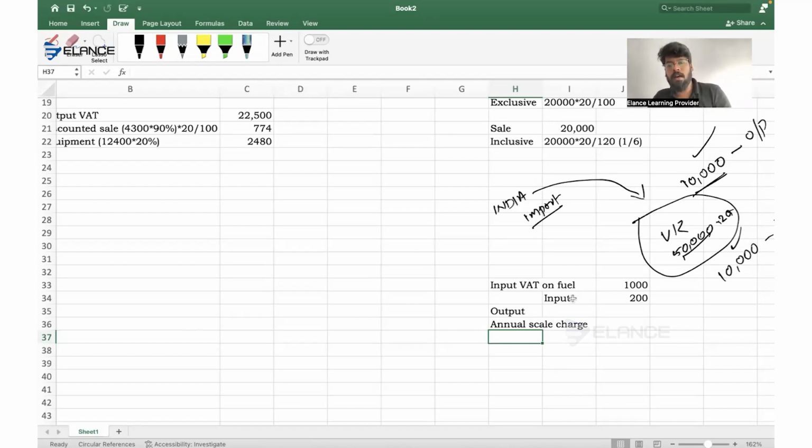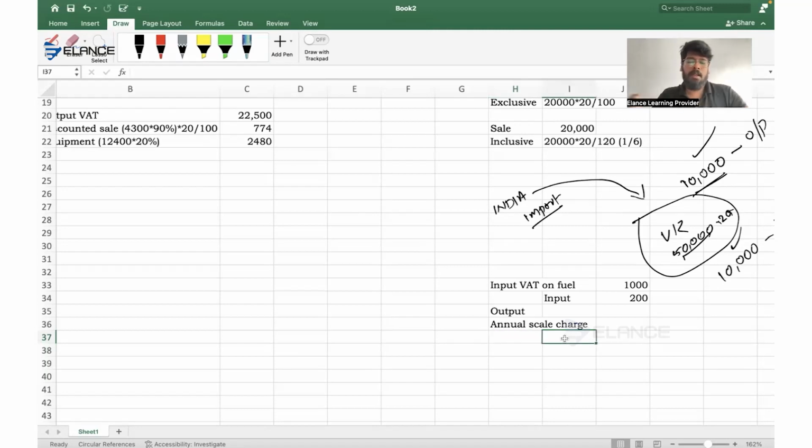Here I am using a car and I paid 1,000 for filling the fuel in that car, and as I use it, the fuel is getting empty. So I want to compute the output VAT on that fuel. Based on the car's CO2 emission, the fuel scale charge will be given in the question.